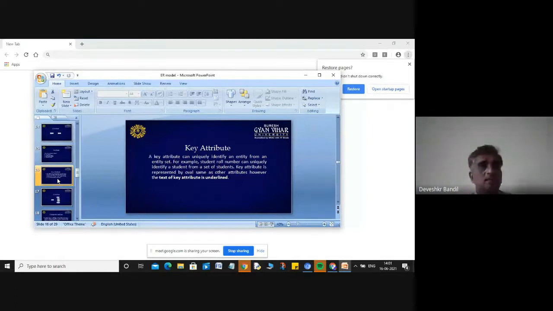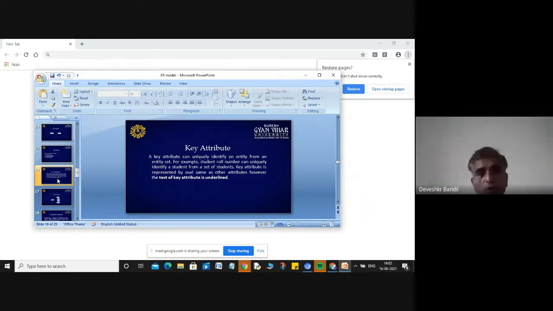Also license number, Aadhaar card number: through the Aadhaar card, you can identify a particular citizen. So a key attribute uniquely identifies an entity from an entity set.